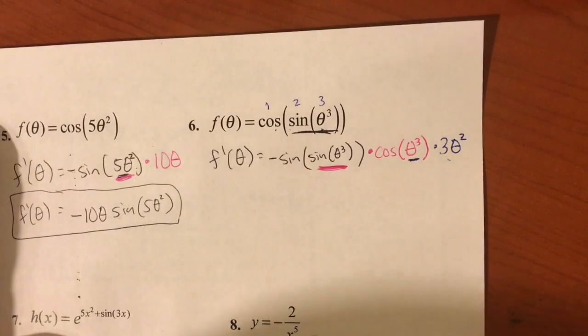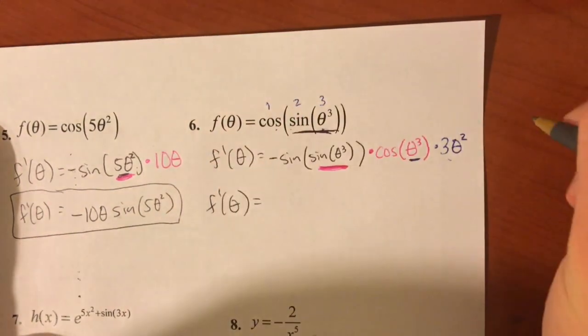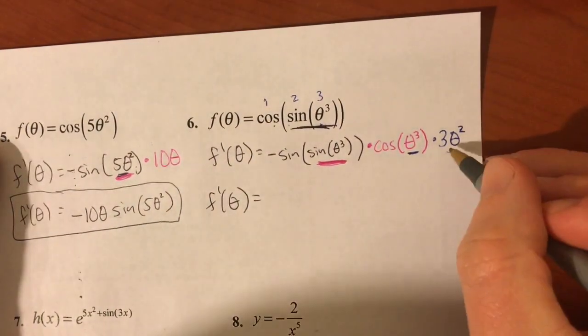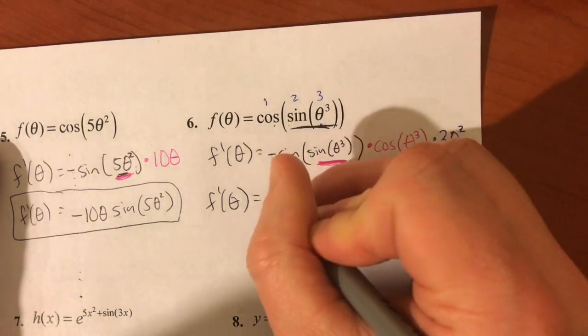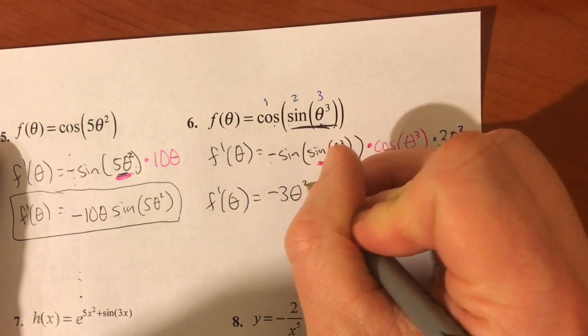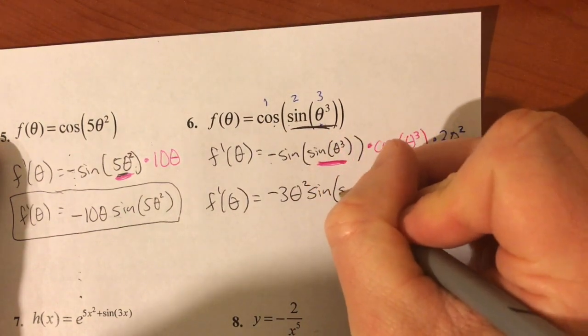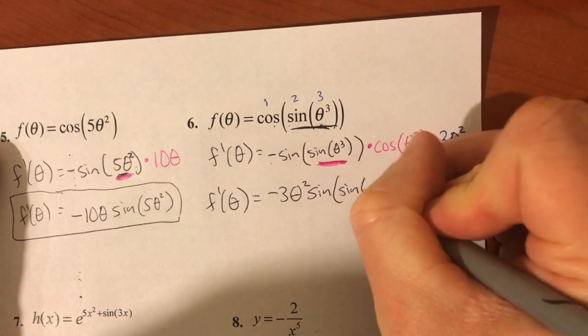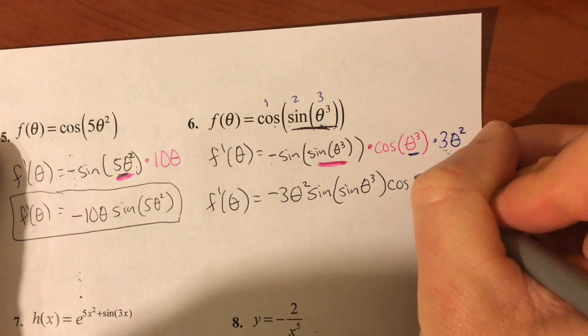And I will put this together to make it look a little nicer, but double chain rules are tough. And put this all together, maybe make a nice coefficient of -3 theta squared, but then this is just ugly. It's the sine of sine of theta cubed, and it's times cosine of theta cubed.